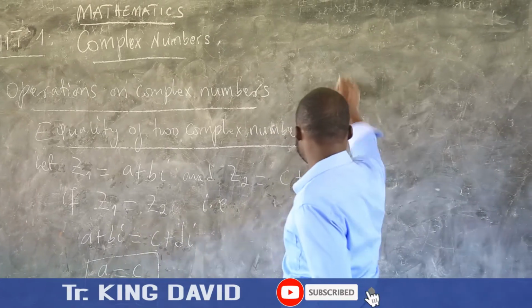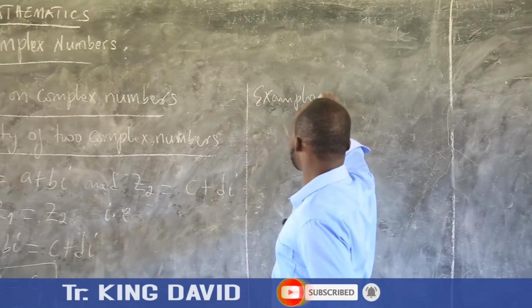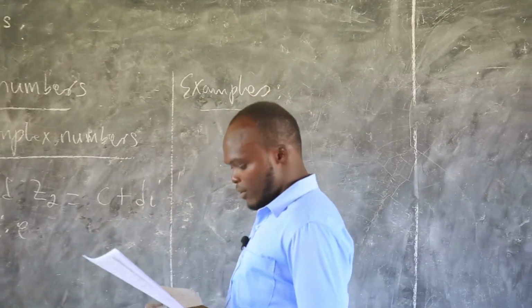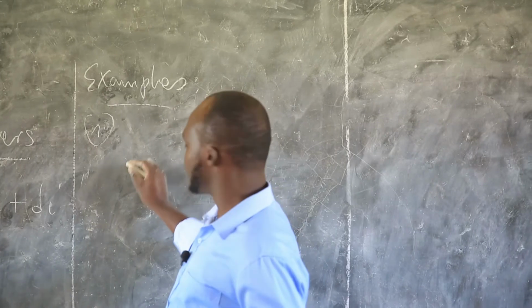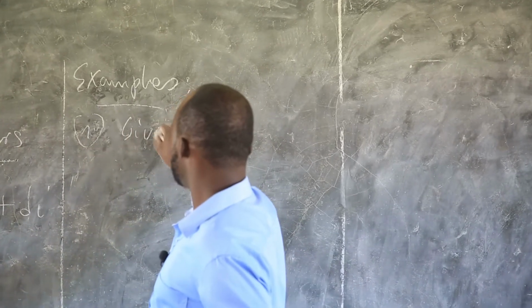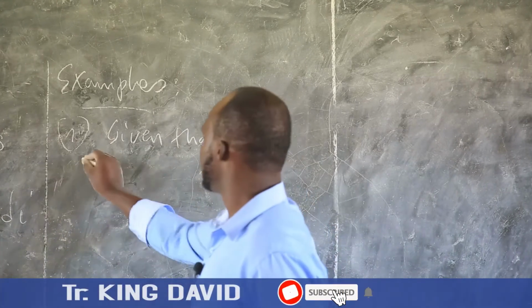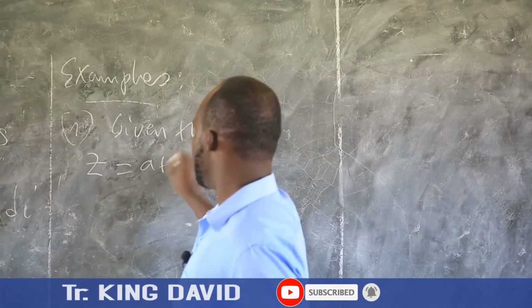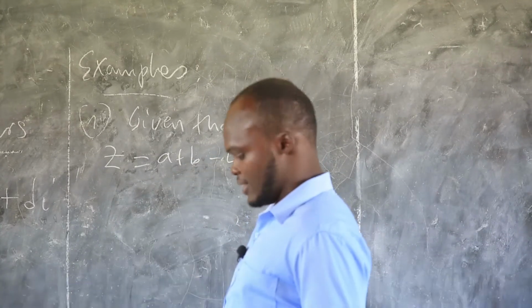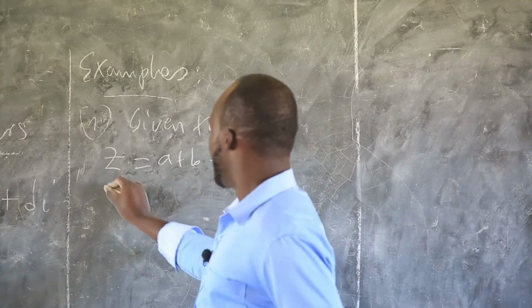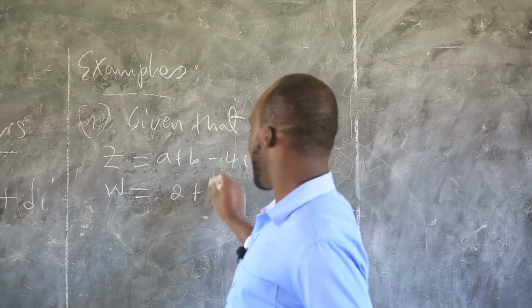So, examples. We have number 1 here. Number 1 is saying that given that Z equals A plus B minus 4I, we have W, which is 2 plus BI.